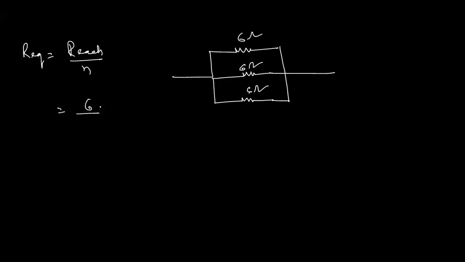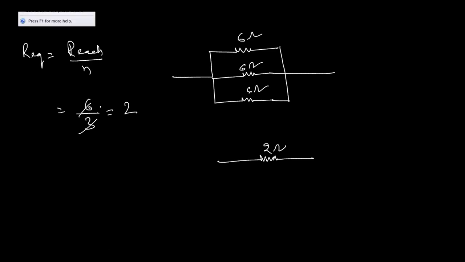How many resistors are there? 3, 6 divided by 3, you will get 2. तो R equivalent for this means आप इन तीनों रेजिस्टर्स की जगह पर आप एक रेजिस्टर लगा दीजिए 2 ohm का, वो बराबर बात होगी. ओके, got it? Yes, sir.